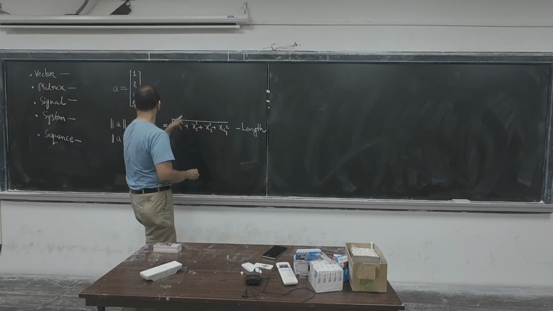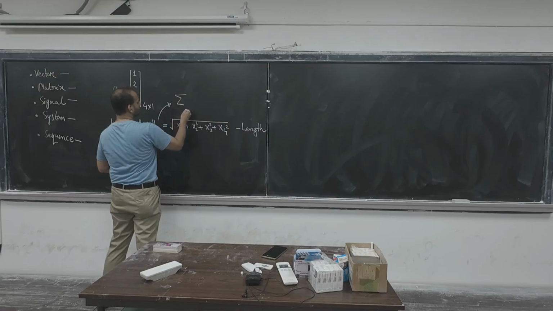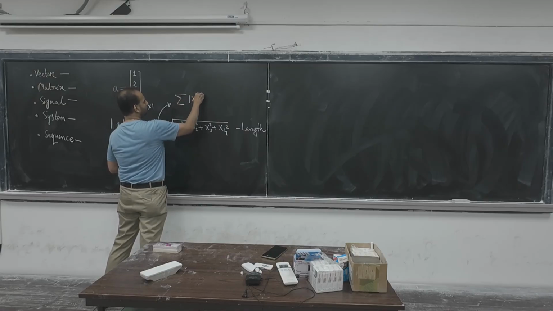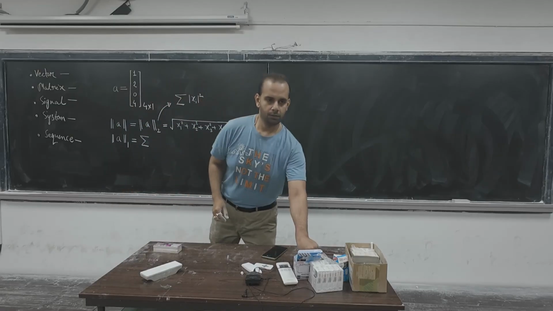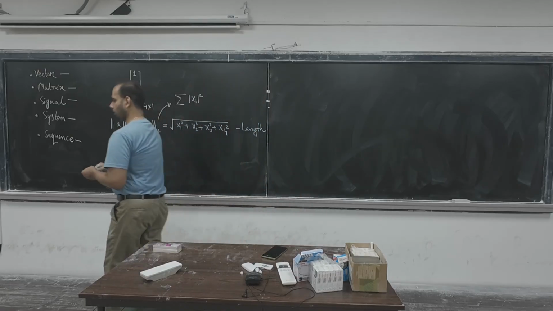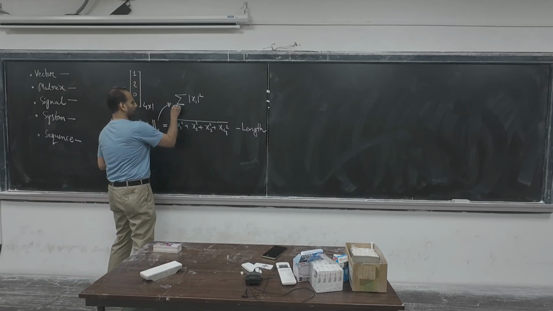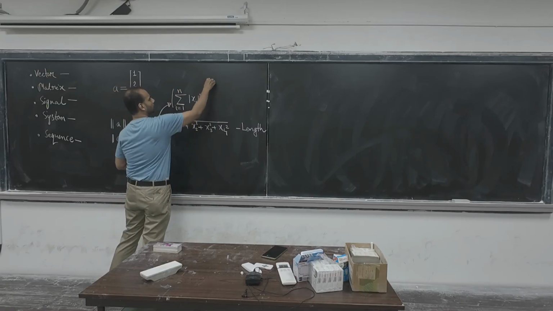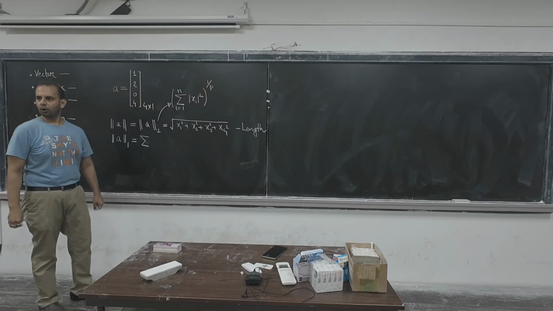So here the general notation is summation of absolute xi to the power p, whole to the power 1 by p, and that is for the p norm, right?